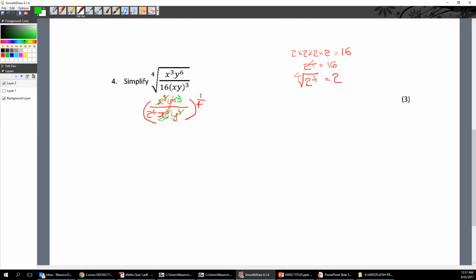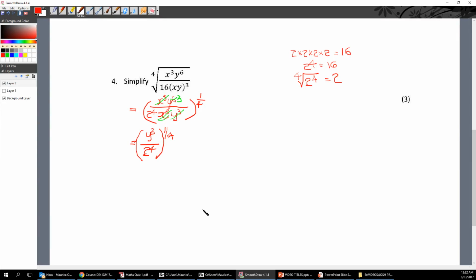So writing that out in full, now that we've done all the things, we've got y cubed over 2 to the power of 4. Okay, all in a big bracket to a quarter.